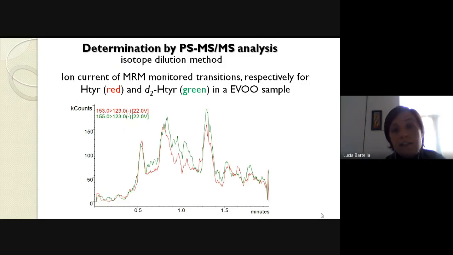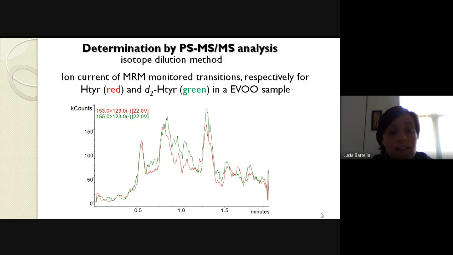The MS determination, the quantitative determination, was performed under MRM condition and isotope dilution method. And this is the ion current of monitored transition for hydroxytyrosol and its internal standard containing 2 deuterium.